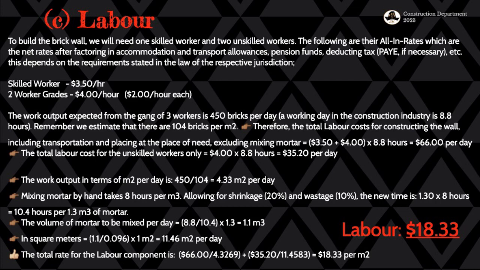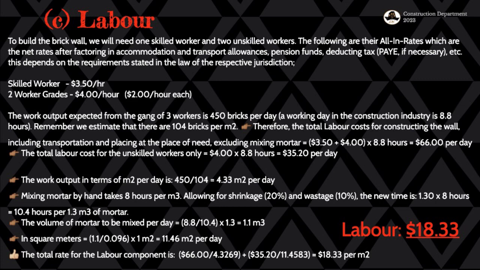It's supposed to be mortar, the mixing of the mortar that is used for bonding of the bricks. We then say the $35.20 per day that we calculated for the 2 unskilled workers, divided by the 11.46 square meters per day of mortar that is being mixed.